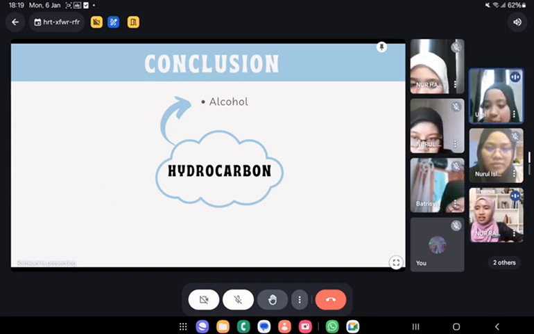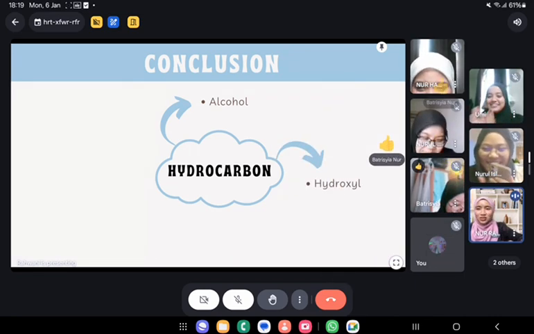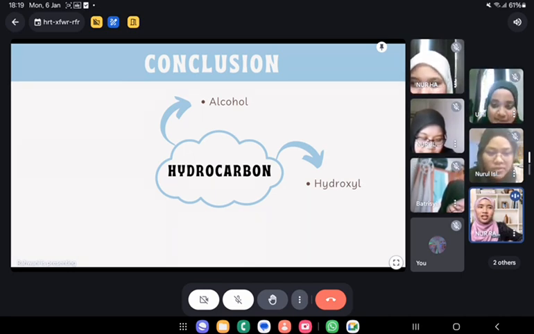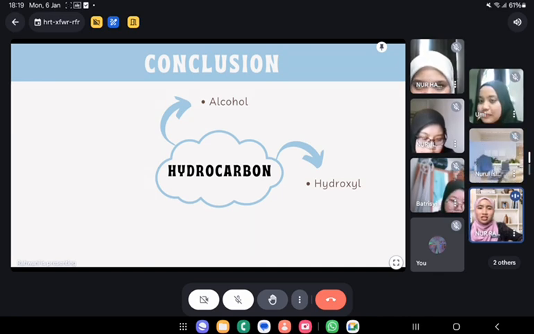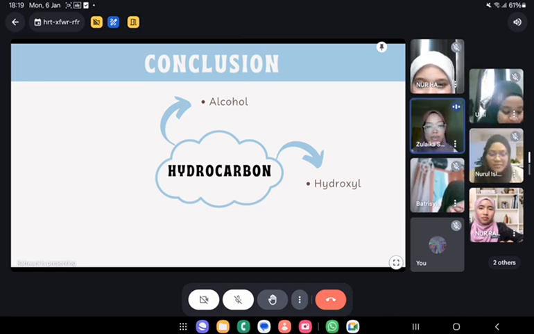Hydroxyl. Alright, thank you for your answer. So the functional group of alcohol is hydroxyl. Next question. Can I have Zulaika Sofia? What else do you know about hydrocarbons? Can you explain the suffix changes? The suffix changes for alcohol from E will be changed to OL.